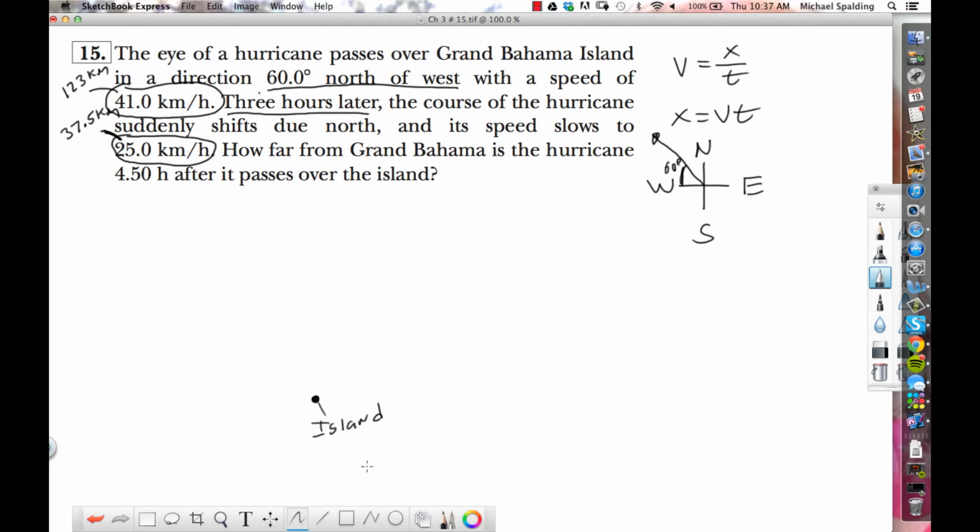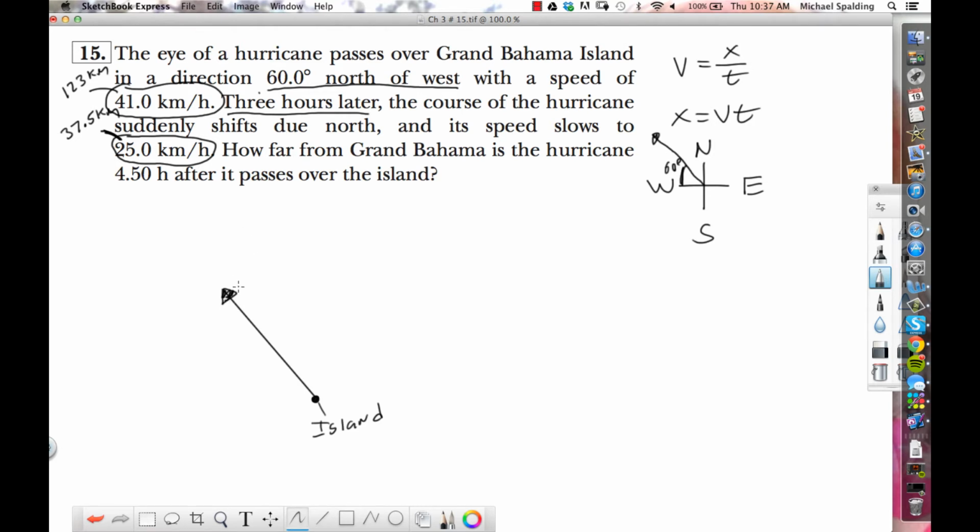And then the hurricane passes over the island, and the first thing it does is go for 123 kilometers at an angle of 60 degrees north of west. So here we go, this is about 60 degrees, and we'll say that is 123 kilometers. Now, I'm not doing this graphically; I'm going to solve this mathematically.